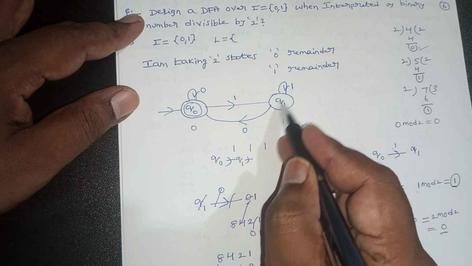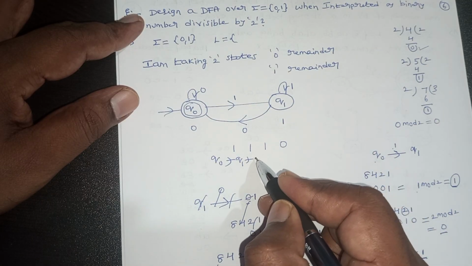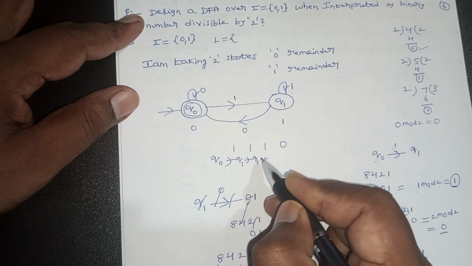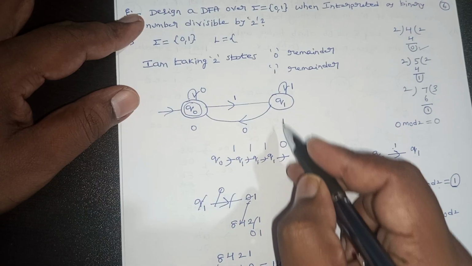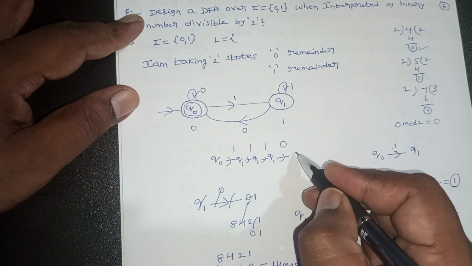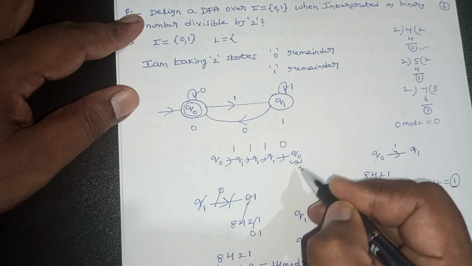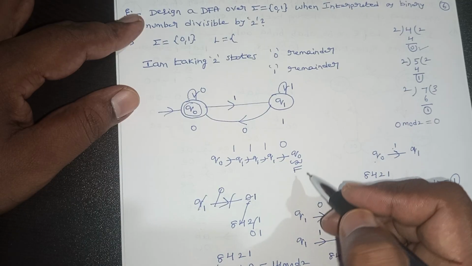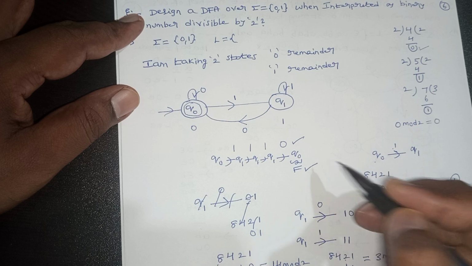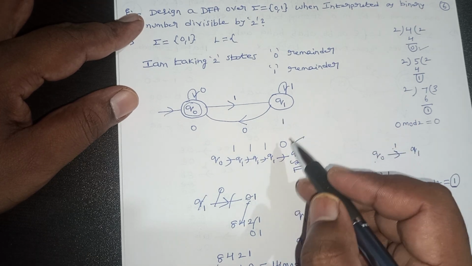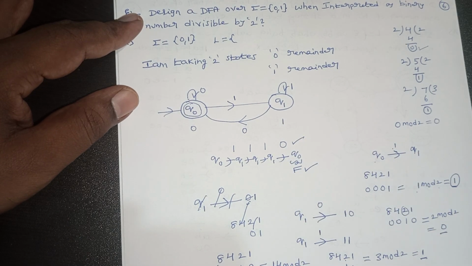So q1 on 1, I am in the same state. Again q1 on 1, I am in the same state. What is q1 on 0? I am going to q0. What is q0? Q0 is the final state. So the string is in the language, I am reaching the final state. In this way, that is how to draw the DFA for a given question.